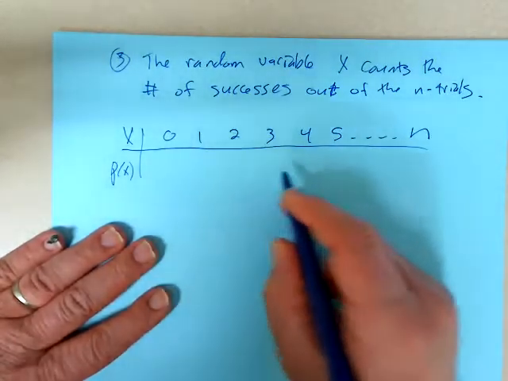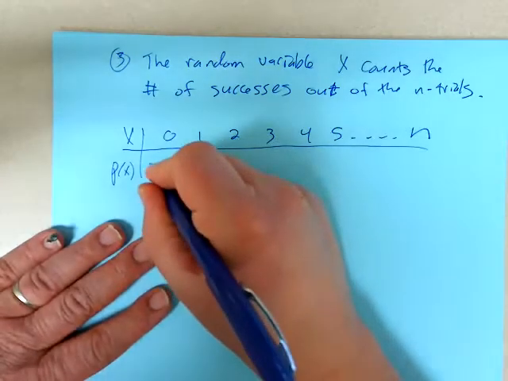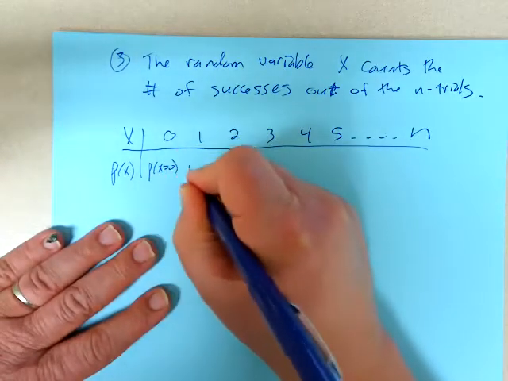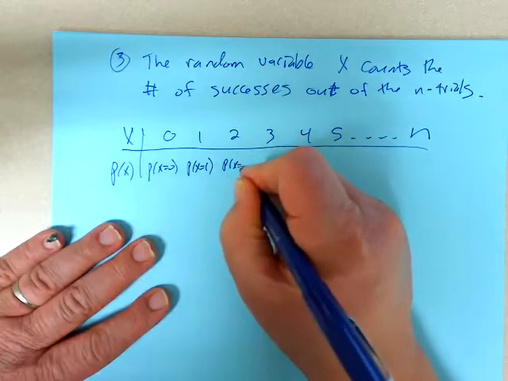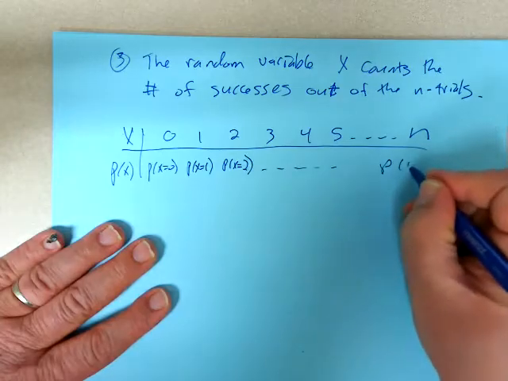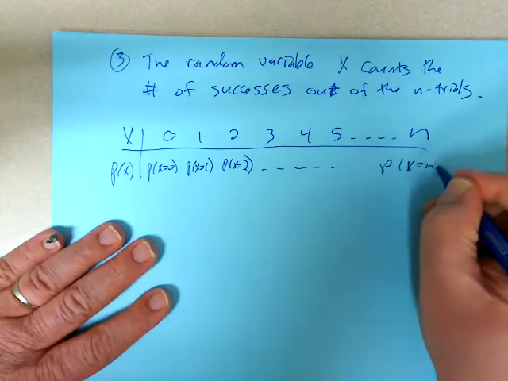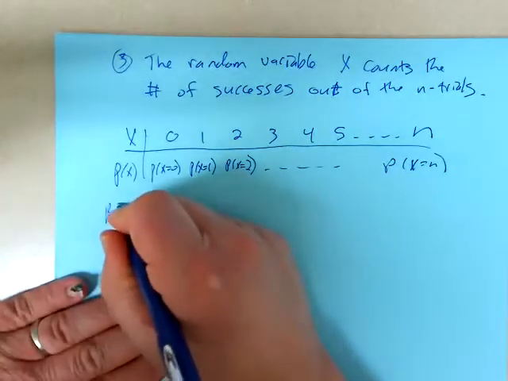And then each one of these has a probability, right? So this would be like probability X equals 0, probability X equals 1, probability X equals 2, so on, probability X equals n.